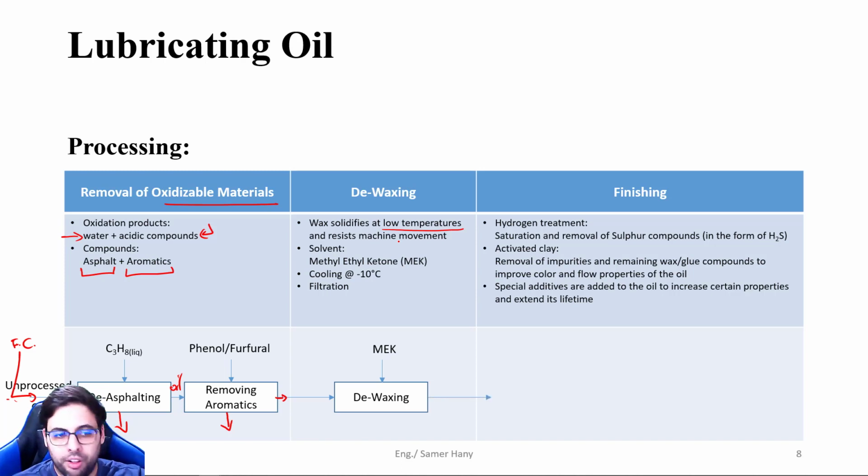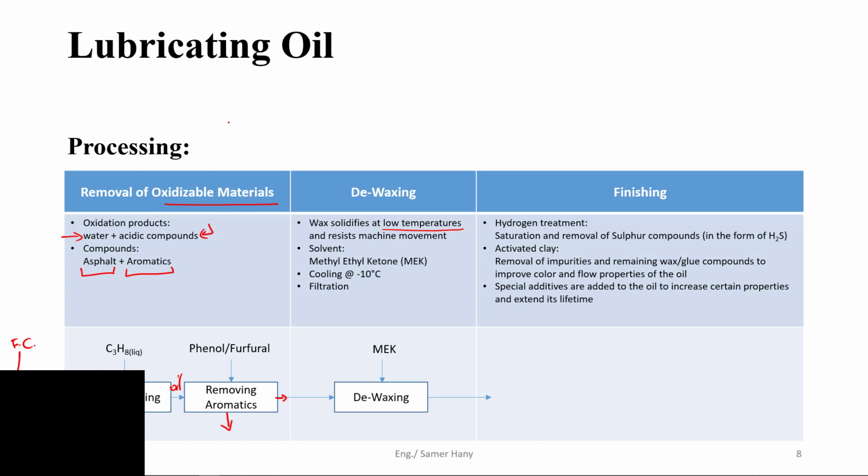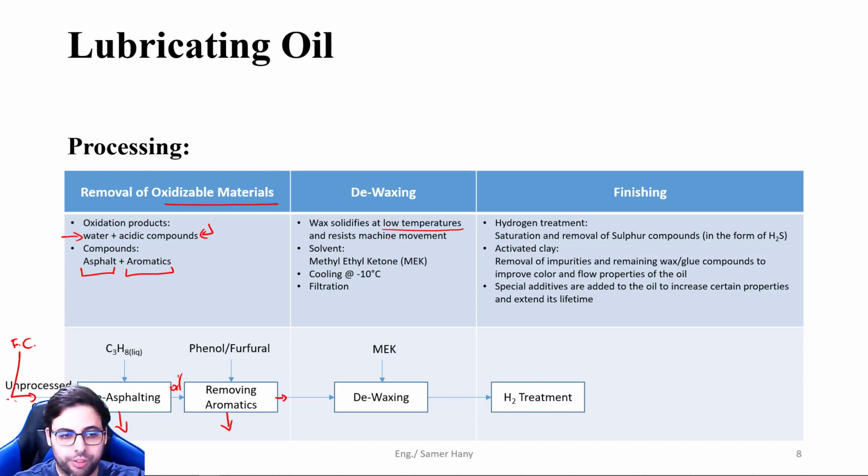Okay. Then next we go into the final class of units, which is the finishing. In this part we do 3 main steps. First off, hydrogen treatment. We introduce hydrogen gas into the system to react with the oil. Hydrogen here plays 2 roles.